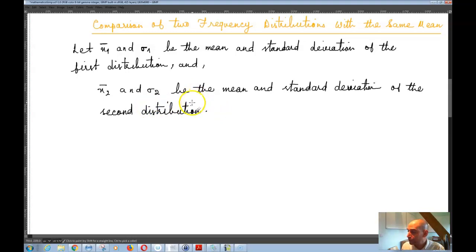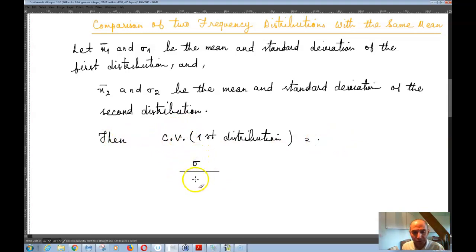Then basically the coefficient of variance of the first distribution, we defined the coefficient of variance as sigma over x bar times 100.